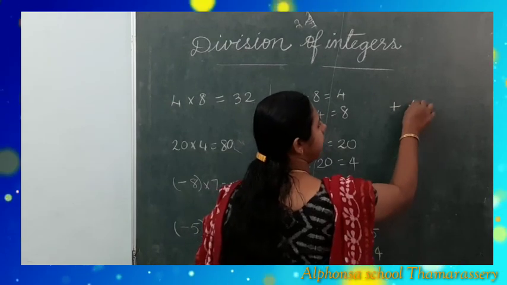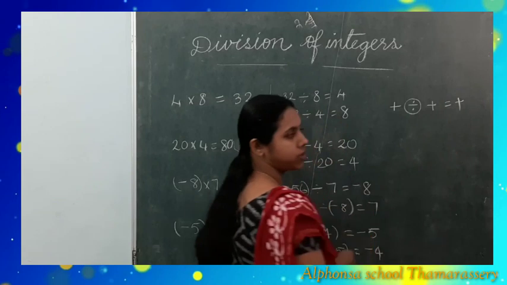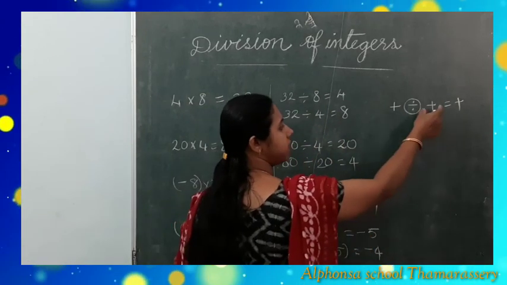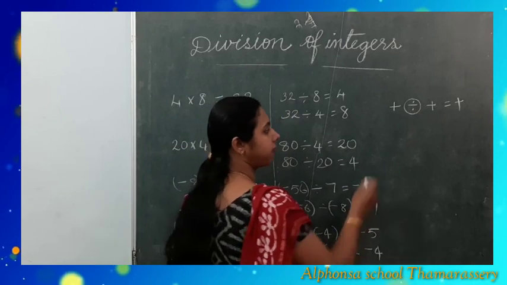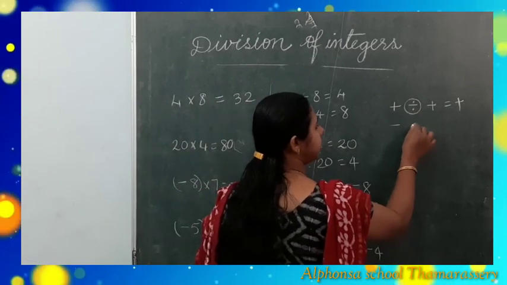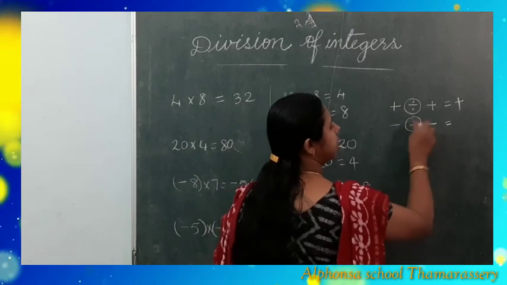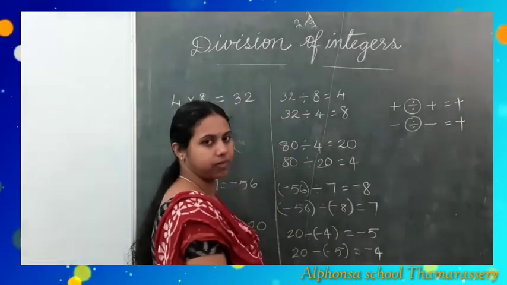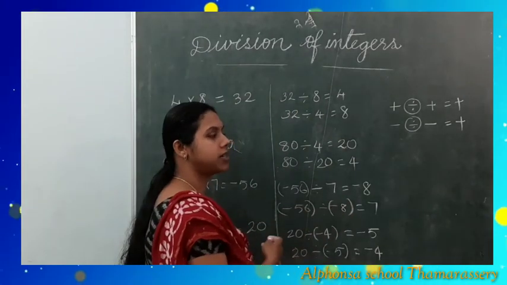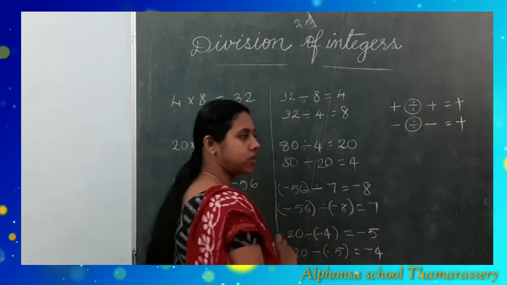Positive divided by positive is equal to positive. If a positive integer is divided by a positive, then you will get a positive integer itself. And negative integer divided by negative integer, negative divided by negative is also positive. We know negative into negative is positive. Same way, negative divided by negative is positive.